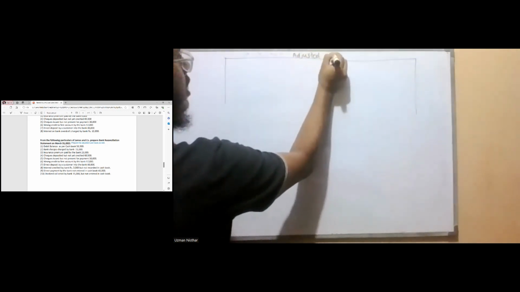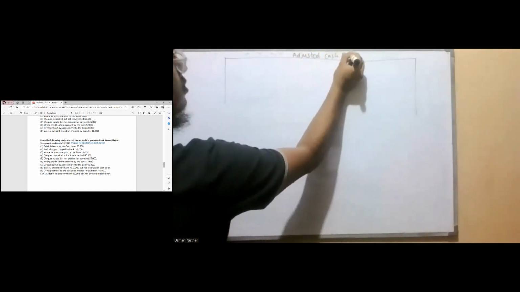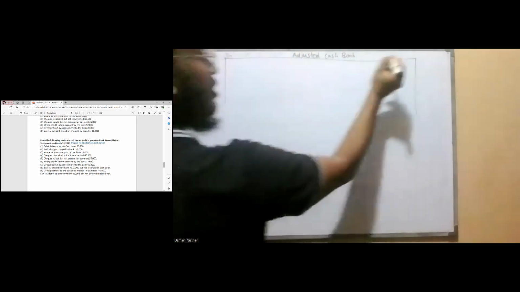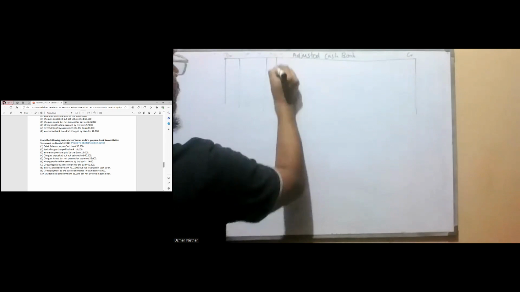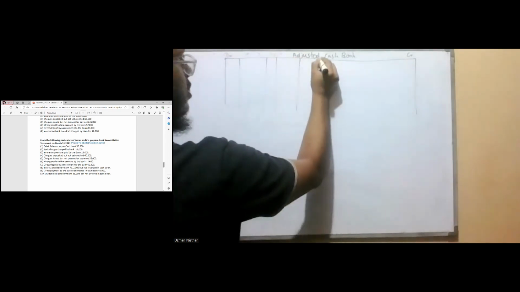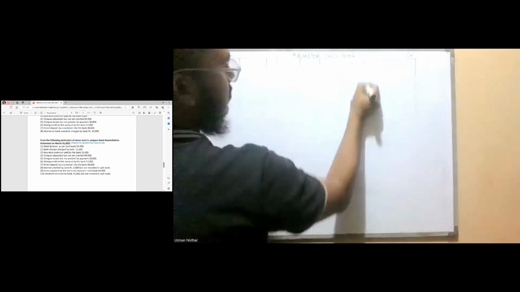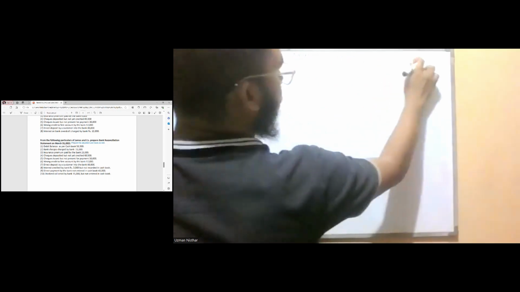Adjusted cash book or cash account. Okay, debit side and the credit side. Date, description, ledger folio, value. Date, description, ledger folio, value.